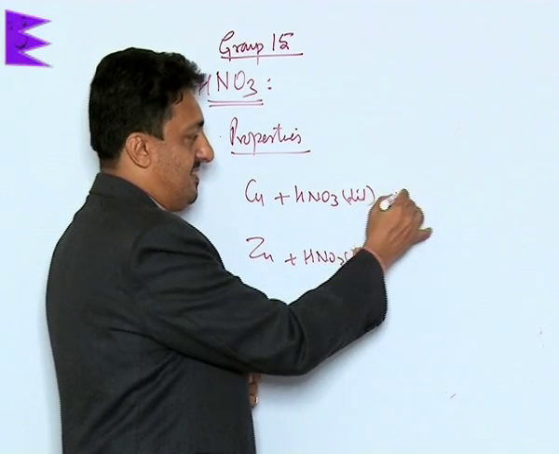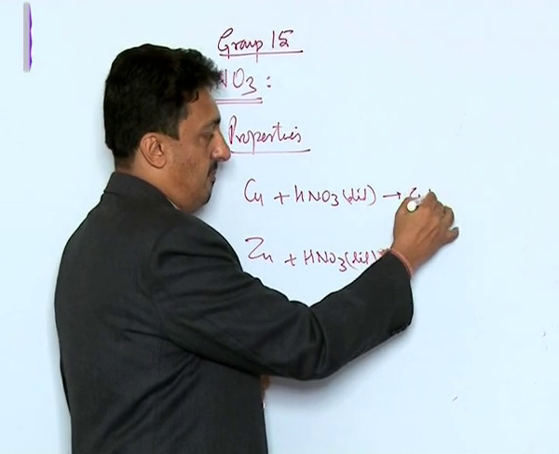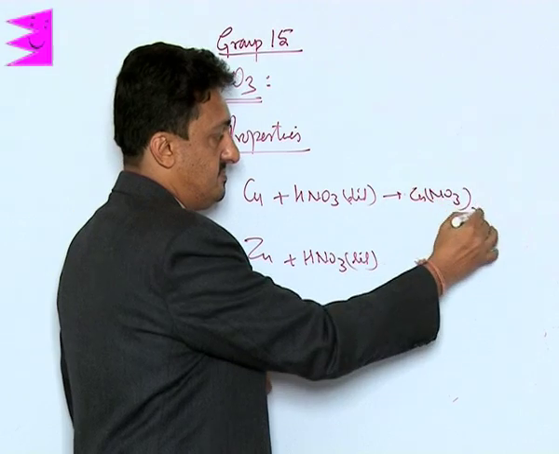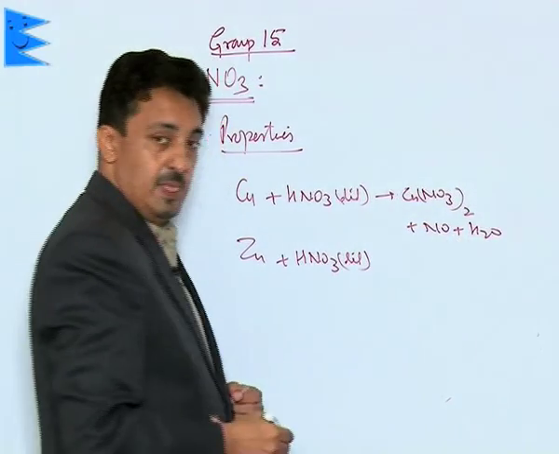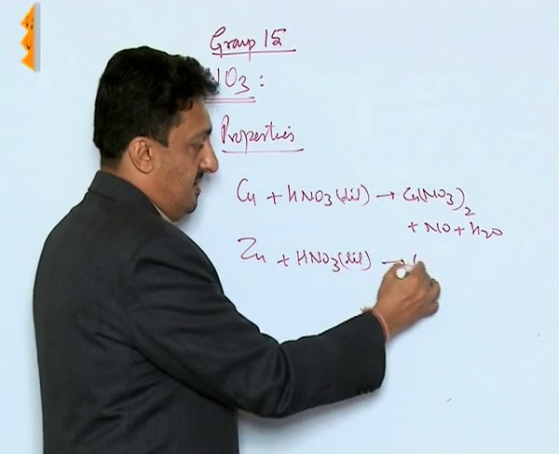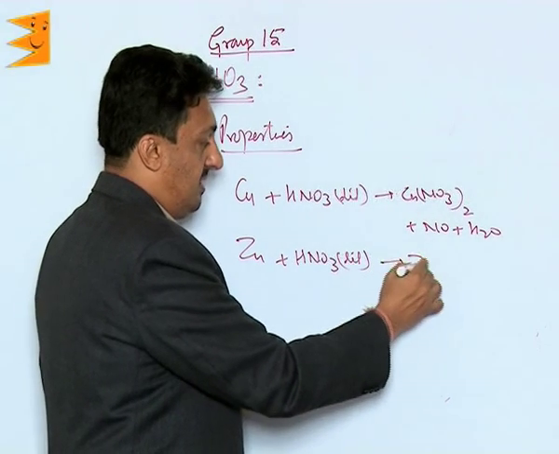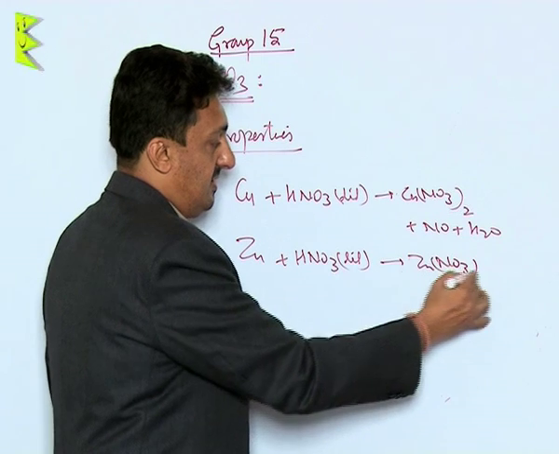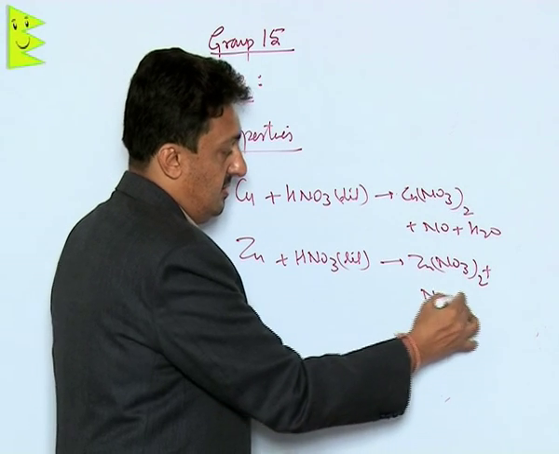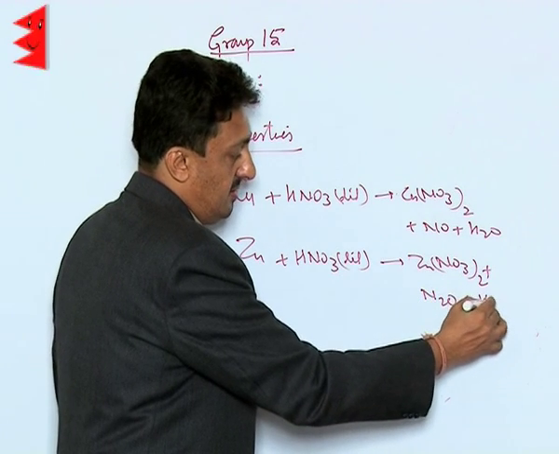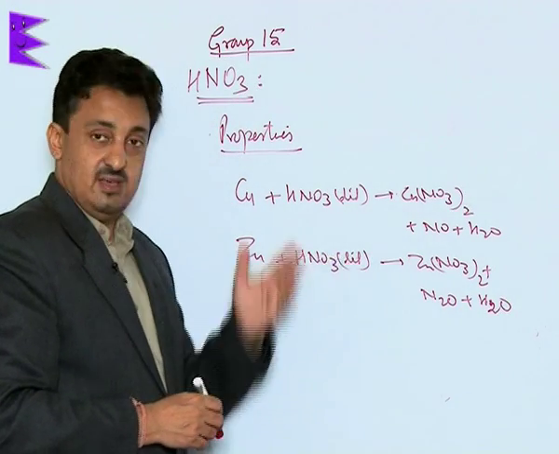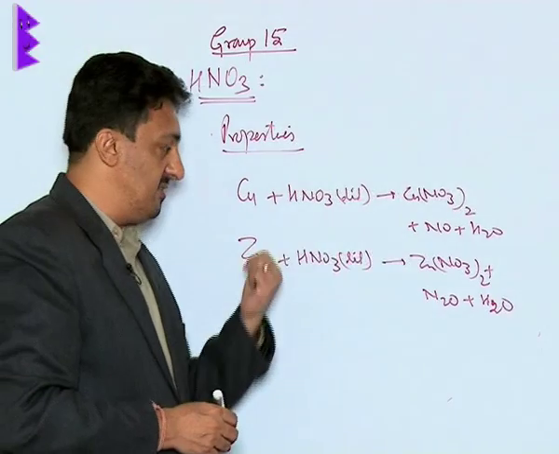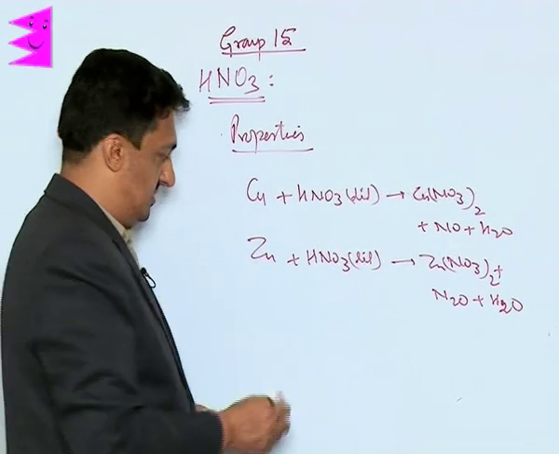With dilute nitric acid, of course, it forms copper nitrate, but along with this it forms nitric oxide and water, whereas with zinc it forms zinc nitrate, nitrous oxide and water. So that's the difference here: with copper it forms nitric oxide, with zinc it forms nitrous oxide.